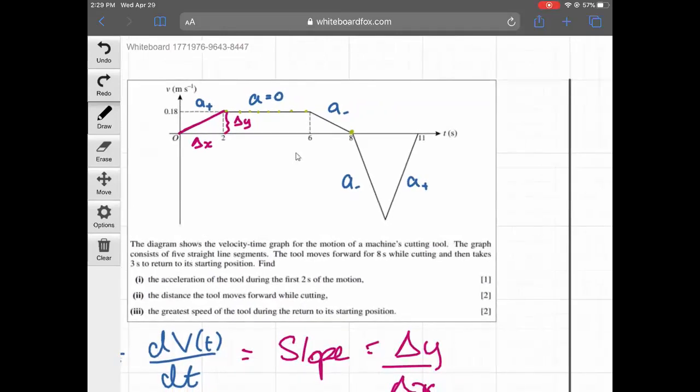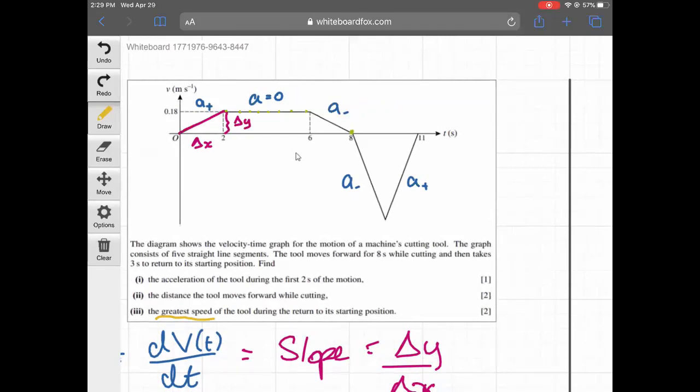So it's not asking for velocity here, it's asking for speed, the greatest speed. So whether the velocity is positive or negative doesn't make a difference for speed. Speed doesn't care which direction you're going, it just cares how many meters you're going in how many seconds it takes you to go that many meters, right?